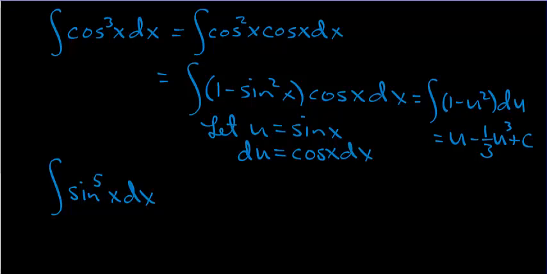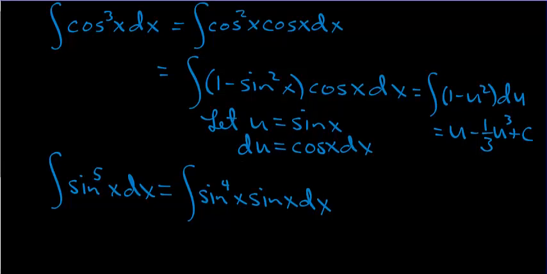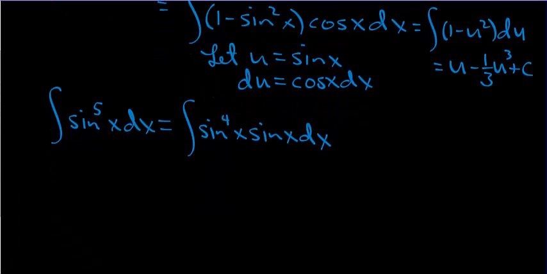Now, let's suppose we have sine to the 5th power. Well, still, just peel off a sine. Whenever you see these, you think automatically, if I can just write sine as an even power, now I can put sine to the 4th in terms of cosine, right? Because if you have an even power of sine, you can put it in terms of cosine.